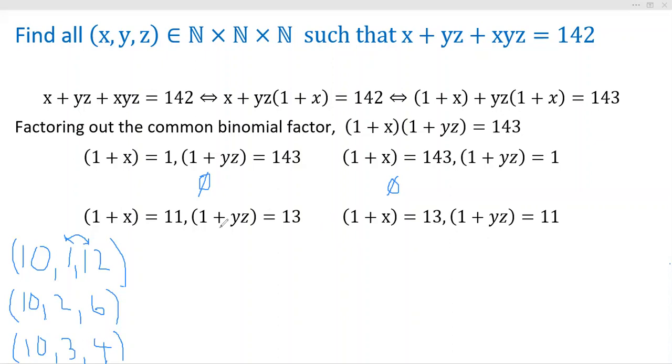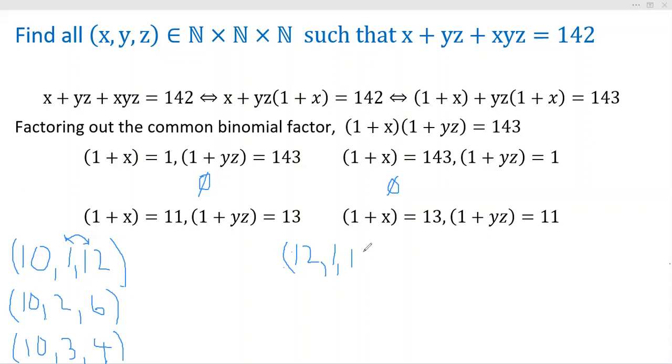Now, right over here, in a similar fashion to what we just did, we need x to be 12. See, y'all, what I did, I just swapped the 11 and the 13 because the order does matter here. So 13 and 11 got swapped, and that means that possible solutions for this one would be 12 for your x coordinate. Now, we need y times z to be 10. So 1 plus 10 will equal 11, right? So we can do y equals 1, z equals 10.